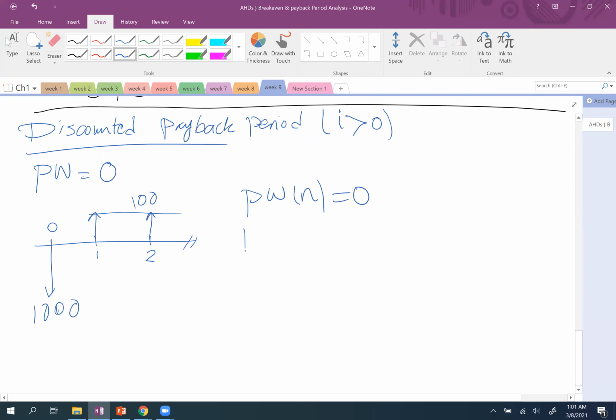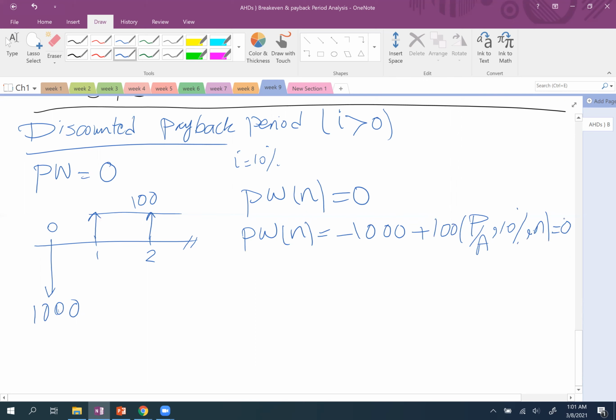For example, present worth of this as a function of n will be equal to this $1,000, which is already at time 0. You don't need to do anything for that. Plus 100 times P, I want to find P for that given an interest rate. Let's assume it is equal to 10%, but n is missing.